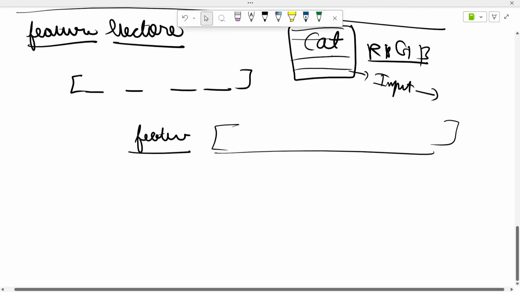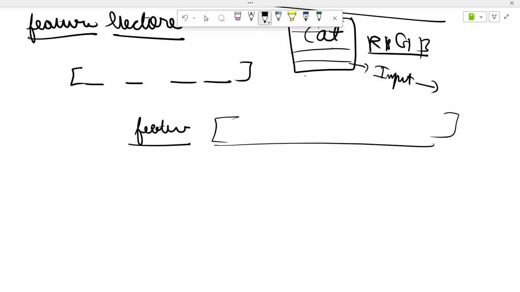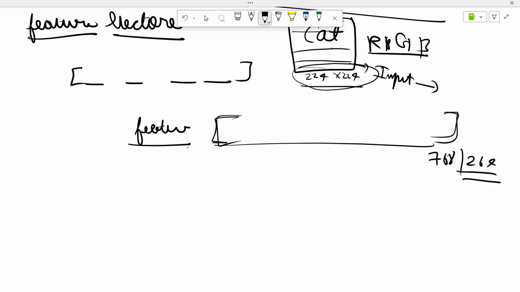Now in deep learning, we modify this feature vector and represent it in smaller dimensions. If it is 224 by 224, it will be very big. So instead of that, we assign it some dimension like 768 or 264, something like that. We represent it as features. What is a feature vector? It is a float value or some numerical value, also integers, anything can be there.